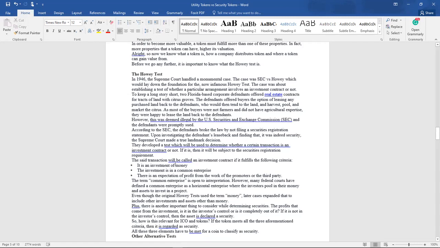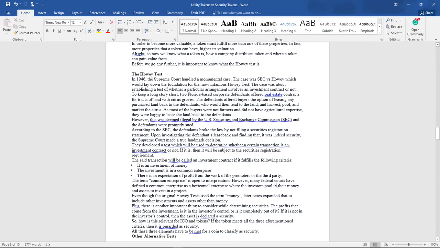They said a transaction will be called an investment contract if it fulfills the following criteria: it is an investment of money, the investment is in a common enterprise, and there is an expectation of profit from the work of the promoters or a third party. The term common enterprise is open to interpretation.